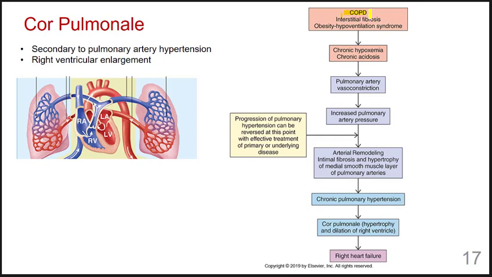Let's look at the process of going from COPD to right heart failure, or cor pulmonale. We know that with COPD, we're going to be in a state of chronic hypoxemia, and I spoke on the last slide about the state of chronic acidosis, shifting that oxyhemoglobin dissociation curve to the right. This can lead to pulmonary artery vasoconstriction.